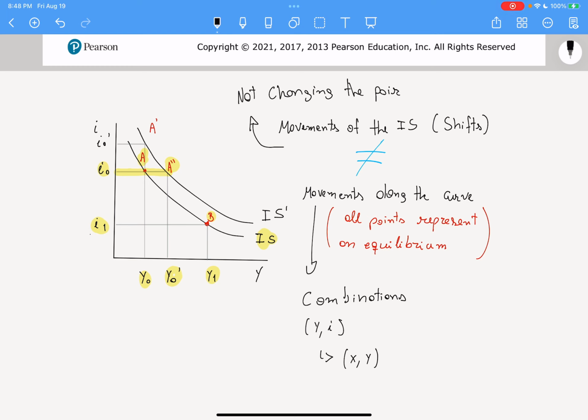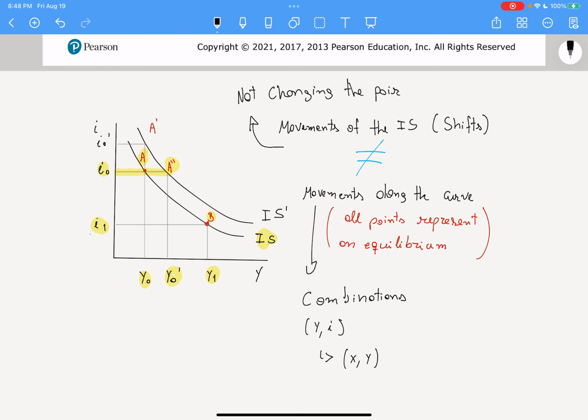We have the model given, and we are just discussing what happens if we move from one point to another along that curve, and to have different points we need different combinations of the endogenous variables. However, when you have a shift of this curve, you are saying the model can give me a greater value of one of the variables without changing the other.